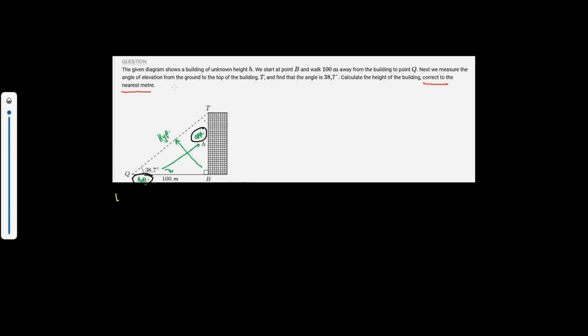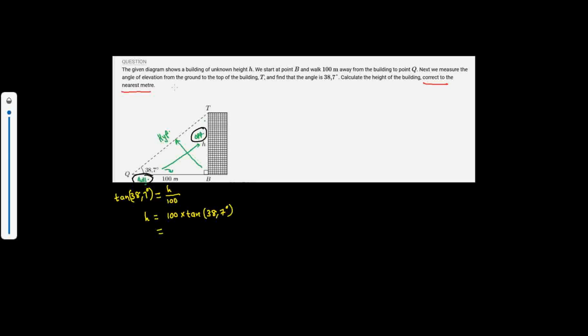So we're going to say tan of 38.7 degrees is equal to, and I put that in brackets, the opposite, which is h, over the adjacent, which is 100. To make h the subject of the formula, I multiply both sides of my equation by 100. H is equal to 100 times tan of 38.7 degrees.